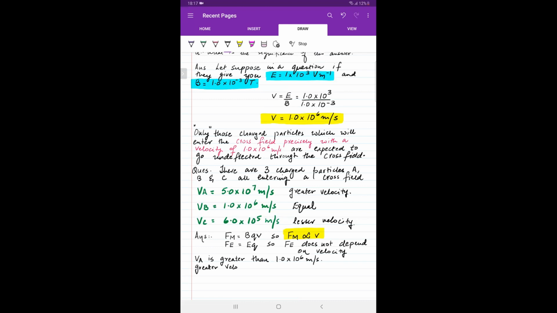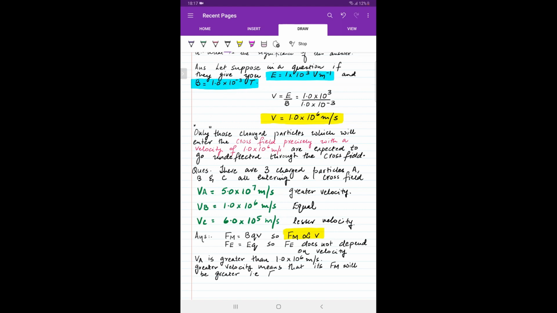Greater velocity means that its magnetic force will be greater.